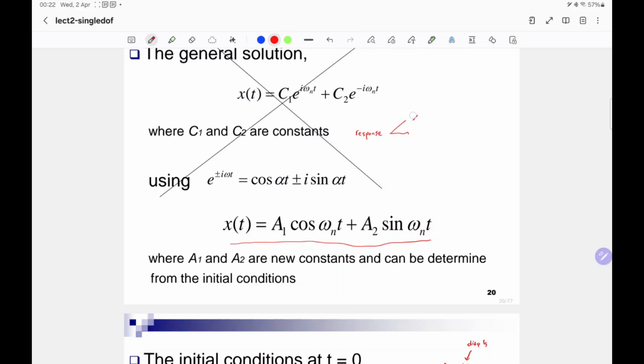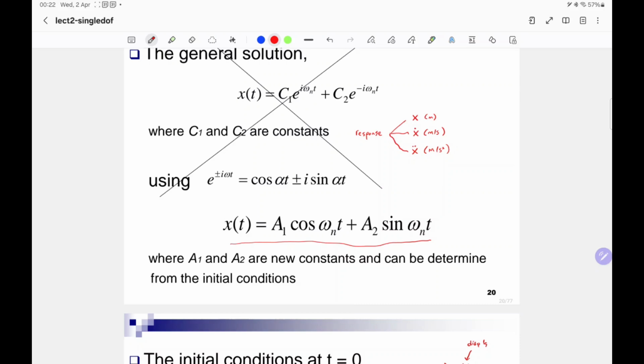Vibration response can be in terms of displacement, whereby the unit is meter, velocity, with the unit meter per second, and acceleration, or x double dot, whereby the unit is meter per second squared.